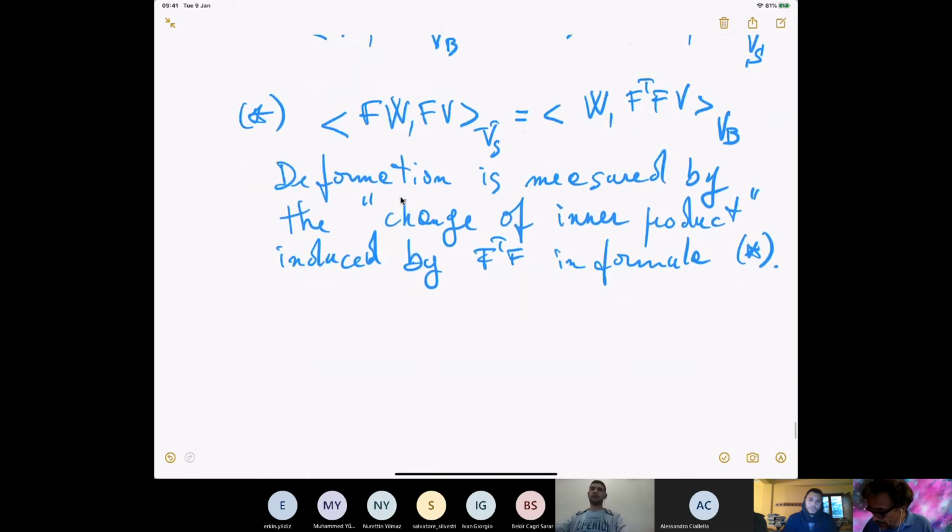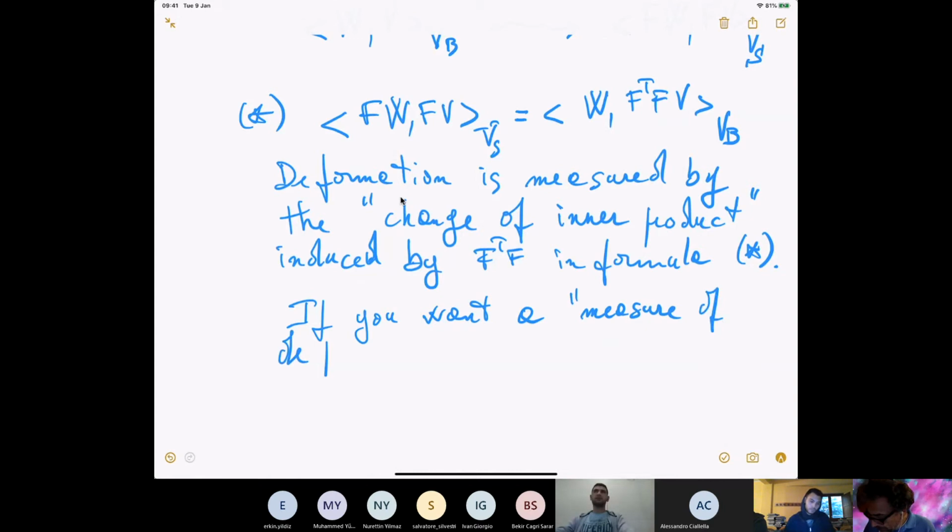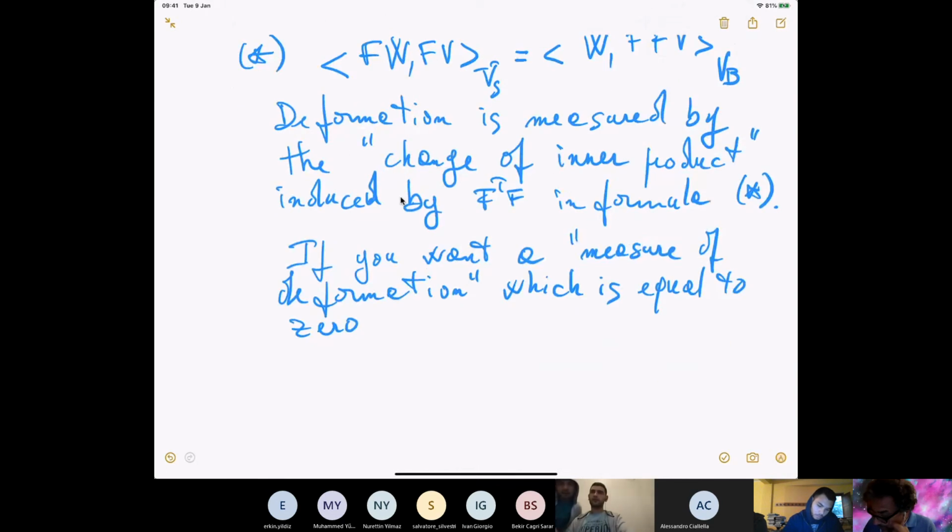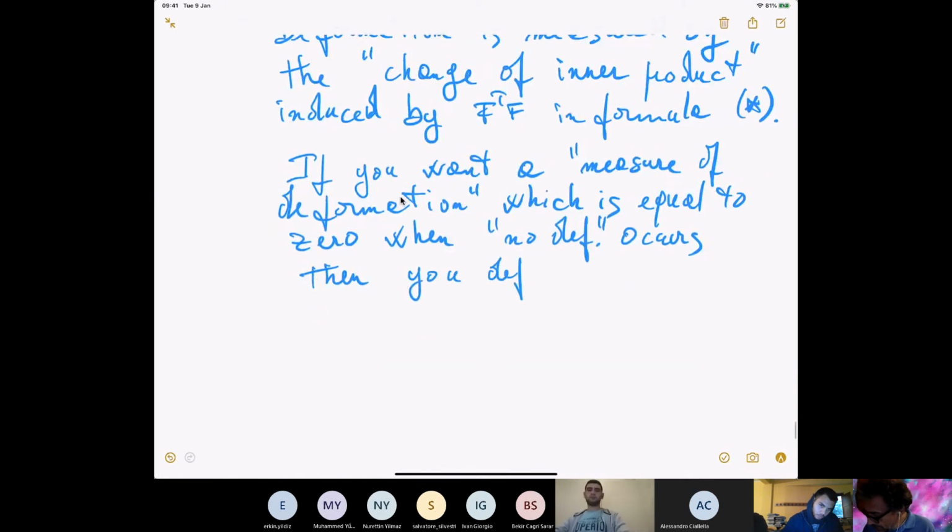Okay, now if you want a measure of deformation which is equal to 0 when no deformation occurs, then you define G equal 1/2 F transpose F minus identity.